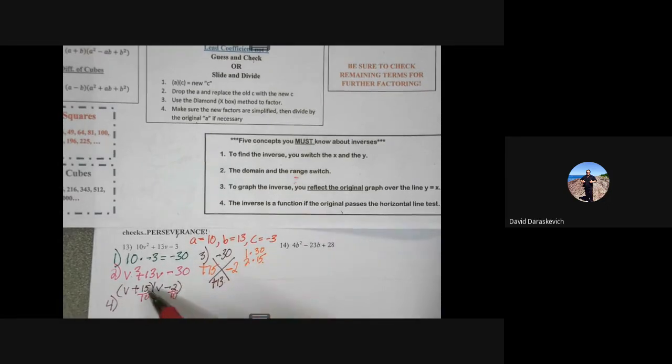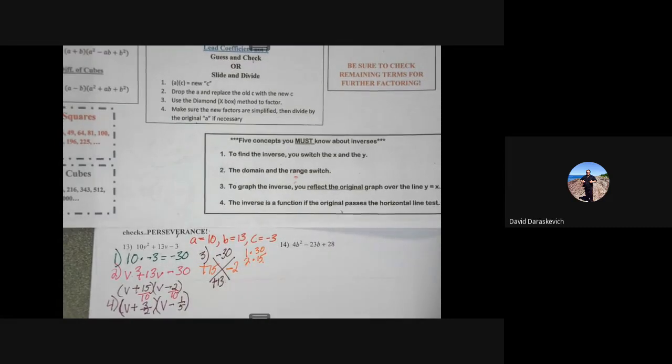And then we have to simplify those. So I get V plus, let's see, 5 goes into 15 3 times. 5 goes into 10 twice. 2/10 is 1/5.